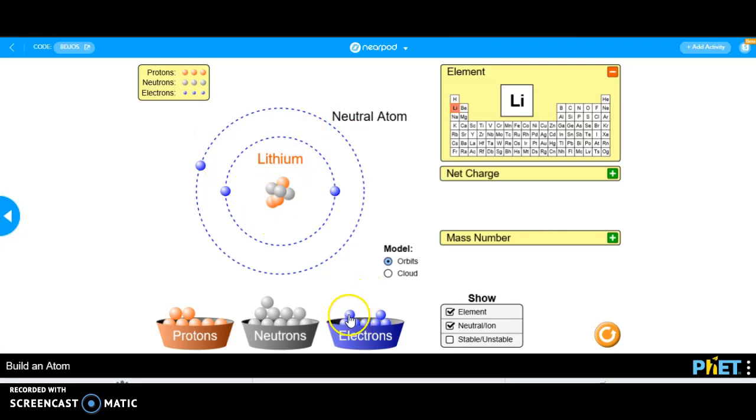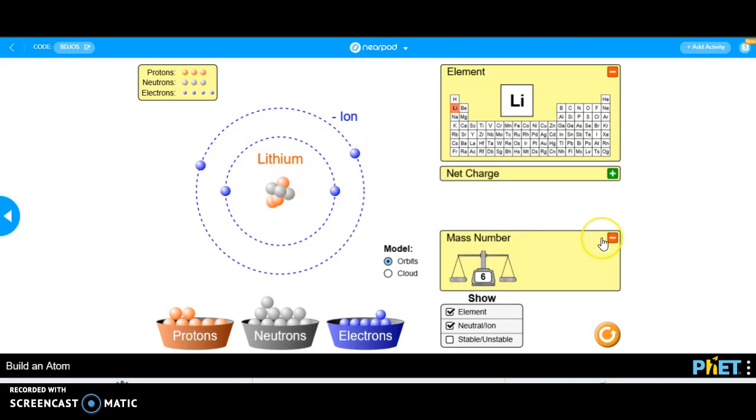So what we want to do is add 1 more electron, because we originally had 3 protons and now we have 4 electrons. This means our lithium atom is a negative ion. Our mass number is still 6 because we have only 3 protons and 3 neutrons. But if we look here, our net charge is -1.